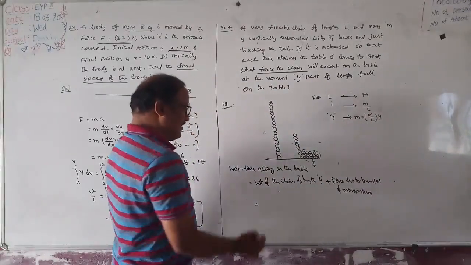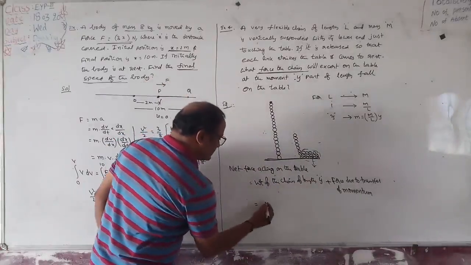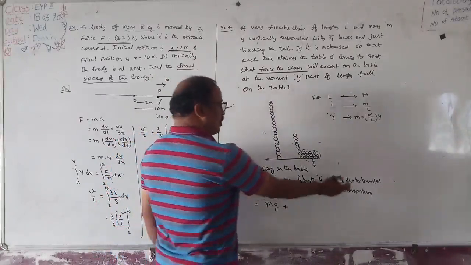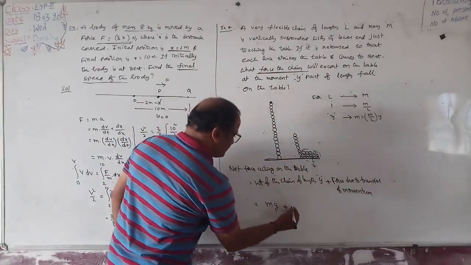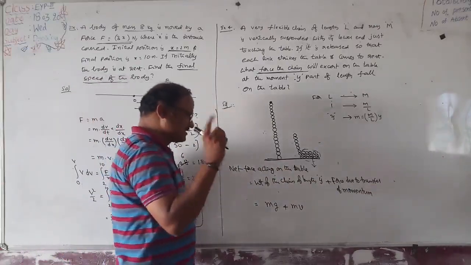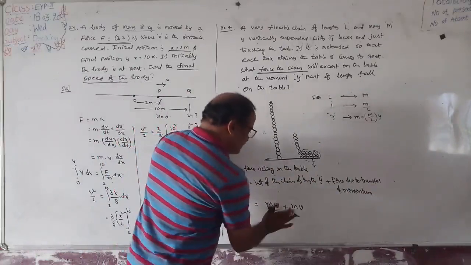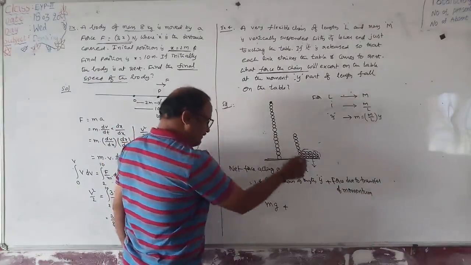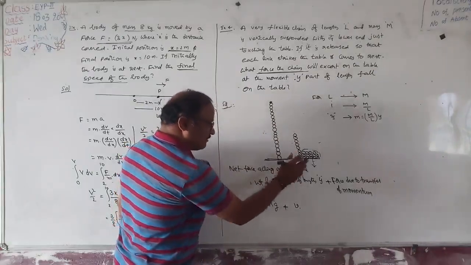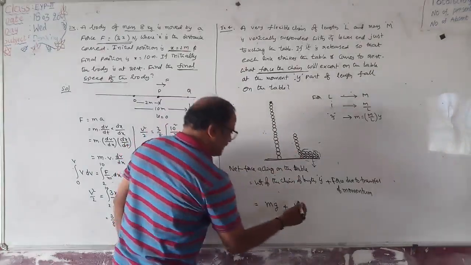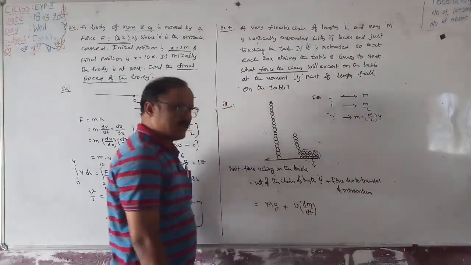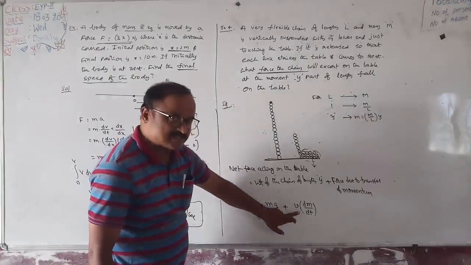Weight of the chain of length y is equivalent to small mg plus force due to transfer of momentum. That means M into V now. M into V, but it is also wrong, you know. Each link strikes the table with a velocity, but if the chain is falling onto the table, mass is variable. Mass is variable means V into dm by dt. Do you understand? It is discussed in the previous class.